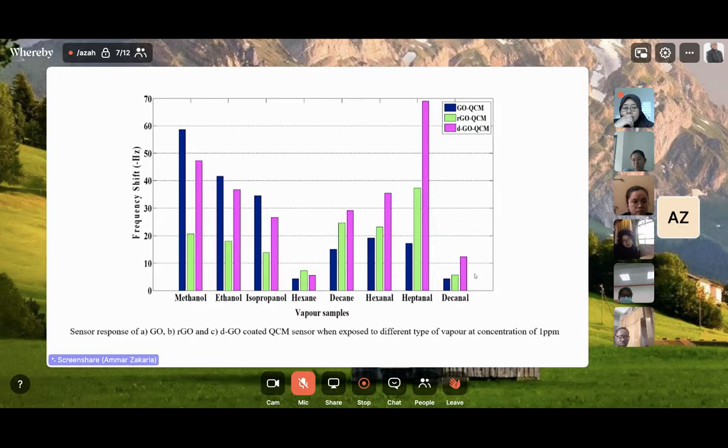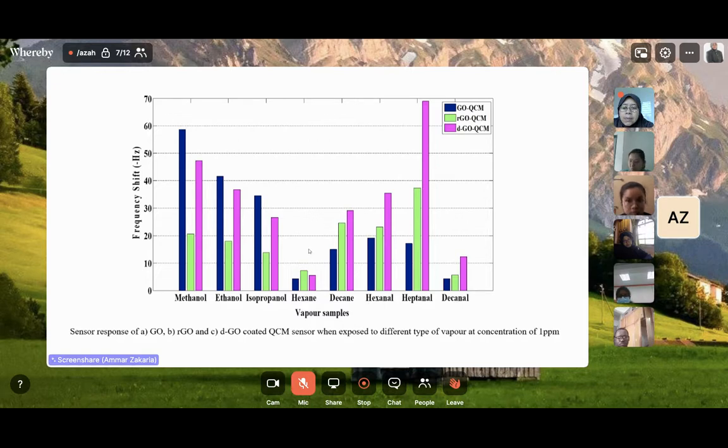Which is also difficult to detect, these four. But again, you can apply another comparison. If the DGO is very high compared to the GO, then most probably you will get ethanol. If the difference is not so high, then it's the other. You can say that this is ethanol, right?